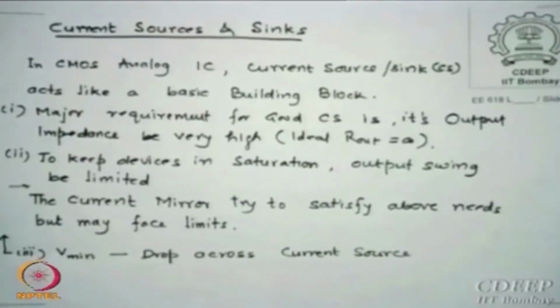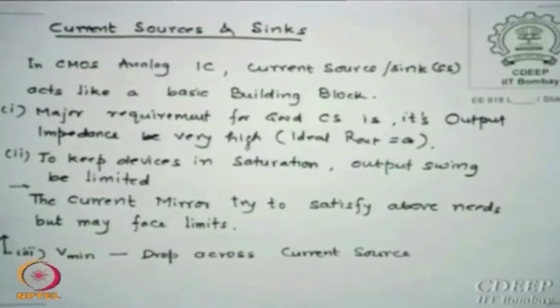Also we must guarantee that all devices are in saturation, and finally the mirror should satisfy another limit, which is essentially because a good source should have a small V minimum, that is, the drop across the current source should be as small as possible.